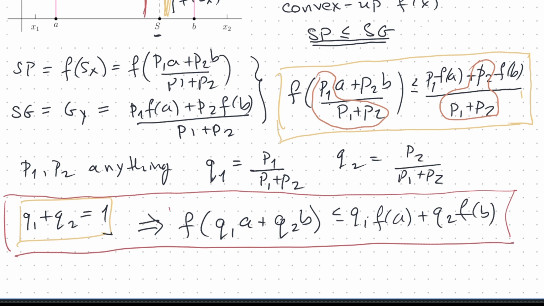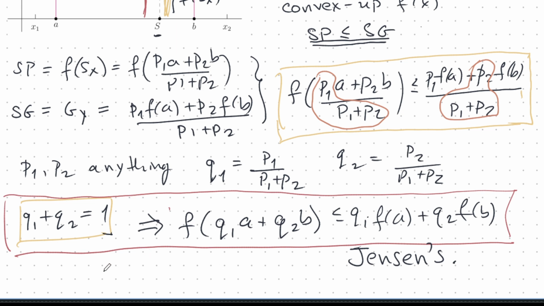So this is our friend Jensen. It's like the convex function inequality, except it's been Jensenized, generalized to different weights.